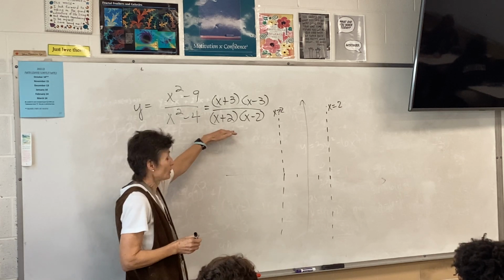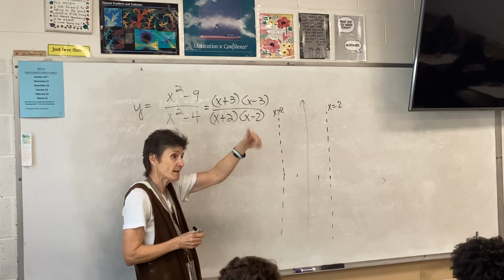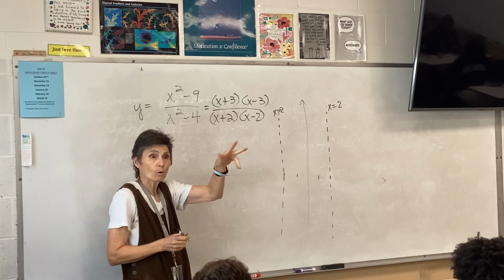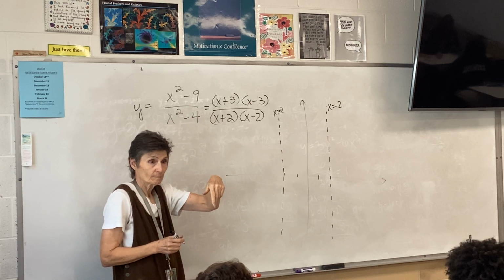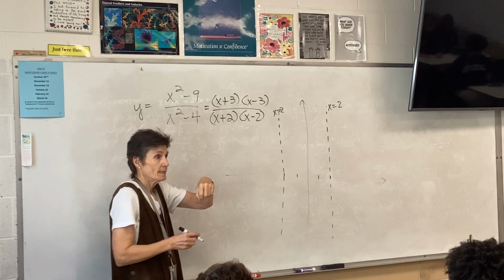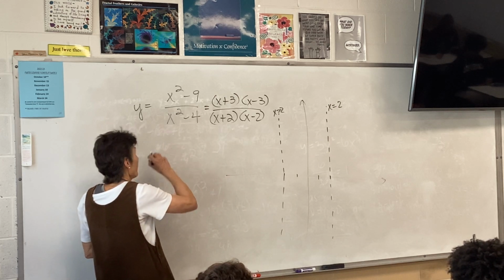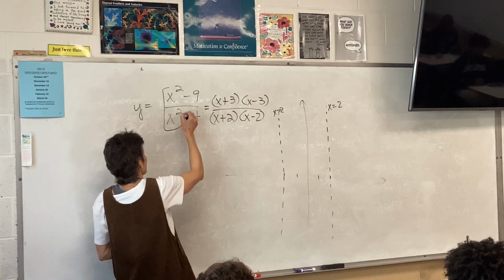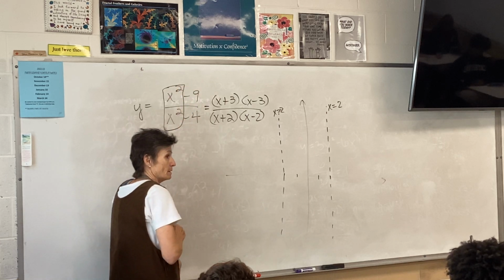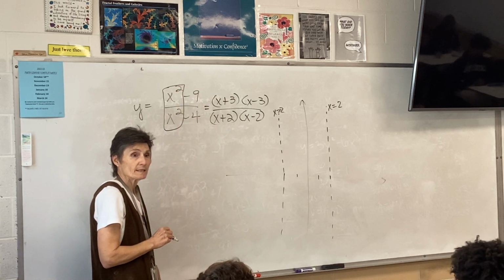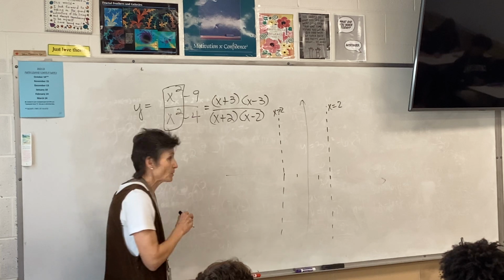And we know when we look at this problem that x cannot be 2 or negative 2. Right? Now, let's look at the original problem. Do we have a horizontal asymptote? Why, yes, we do. It is y equals 1.